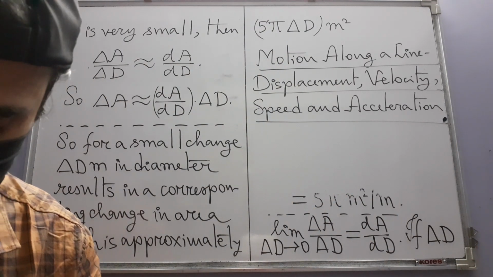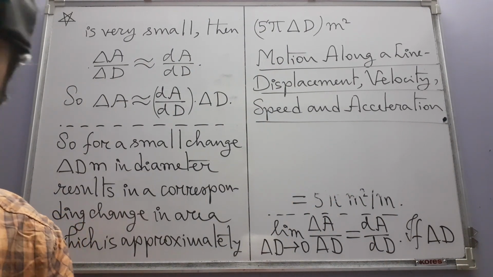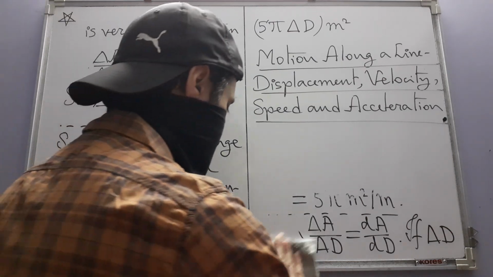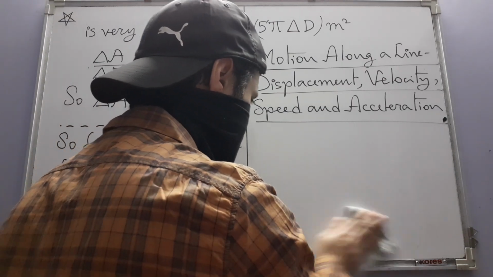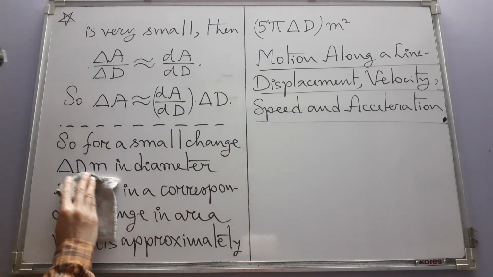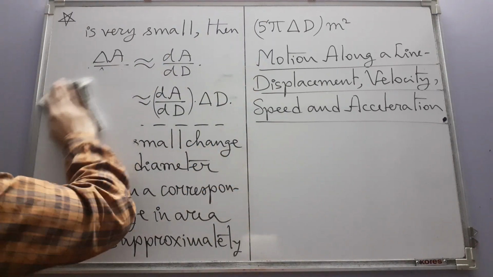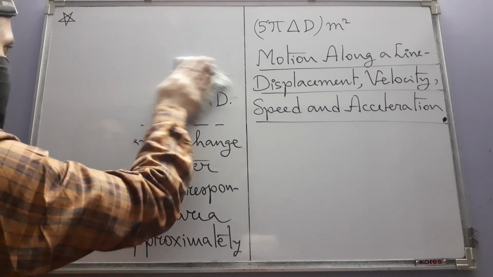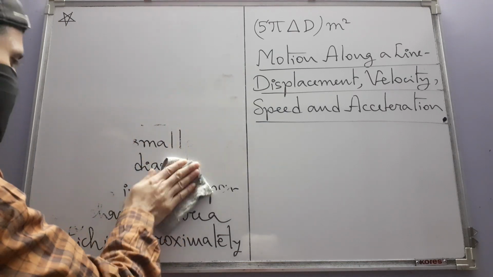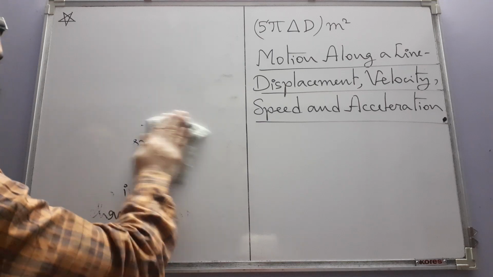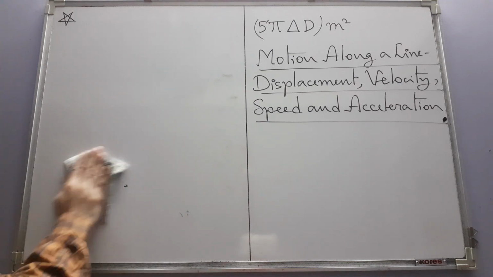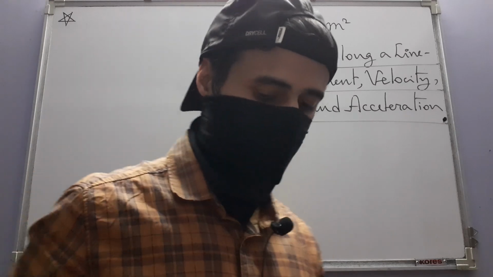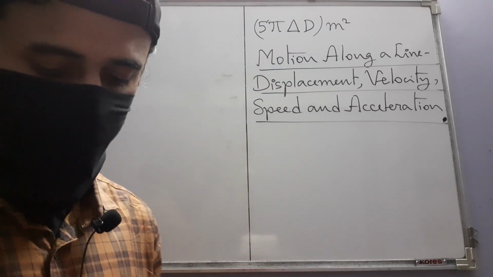Okay. Now we need to draw a diagram. Motion along a line. This type of motion has a name. They are called rectilinear motions. No matter how simple they sound, there are many things in them also. If an object moves along a straight line, then it's called rectilinear motion.